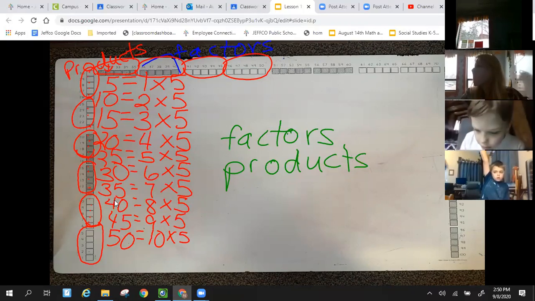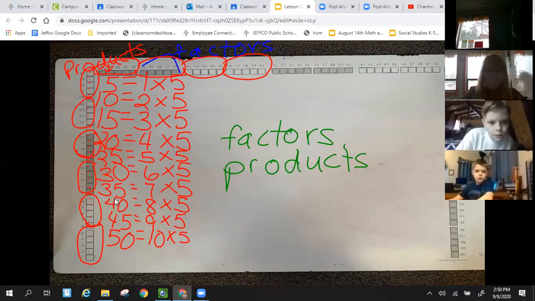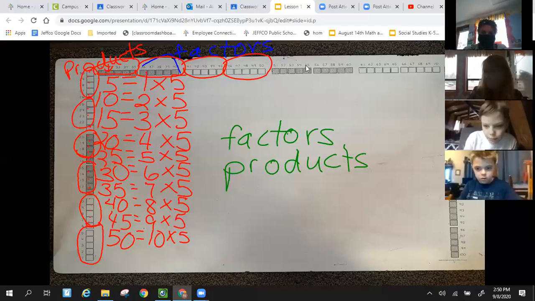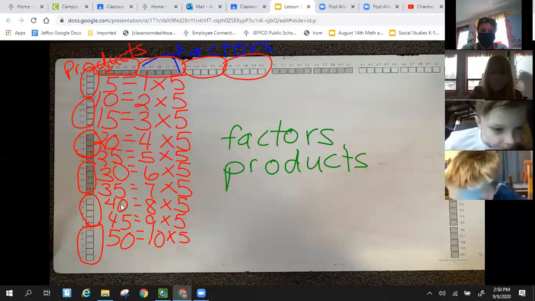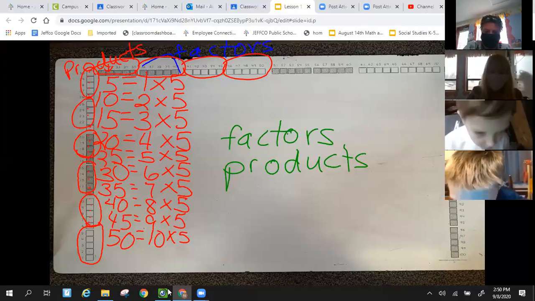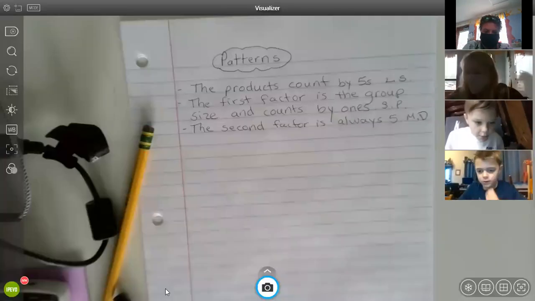Right, the number in the ones place, thank you, Serene, is always a 5 or a 0. Look at that. 5, 0, 5, 0, 5, 0, 5, 0, 5, 0, which is really what patterns are, something that repeats. So thank you, Serene.